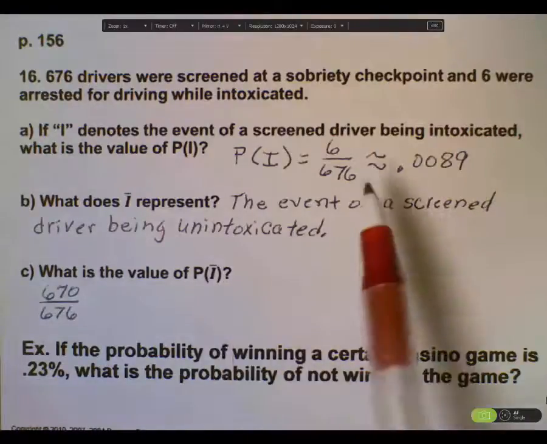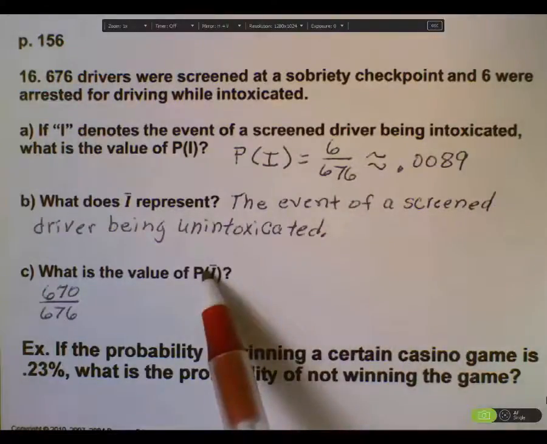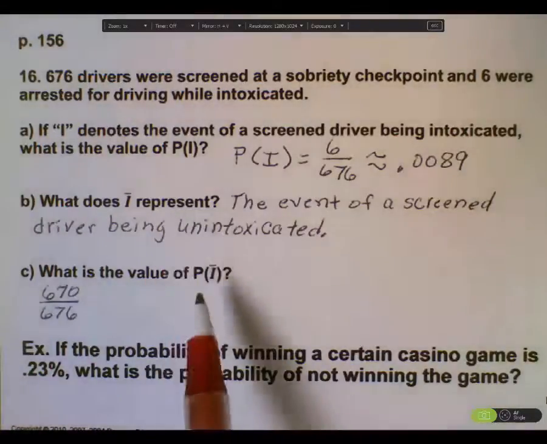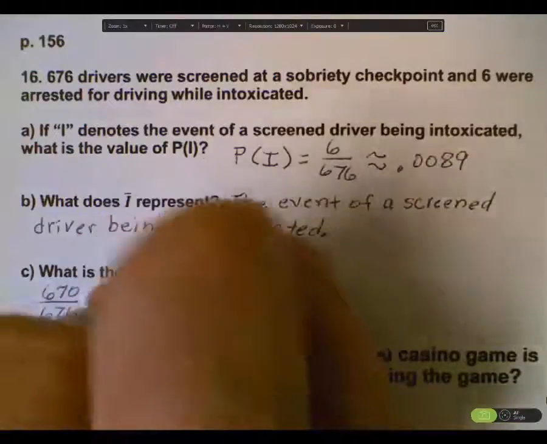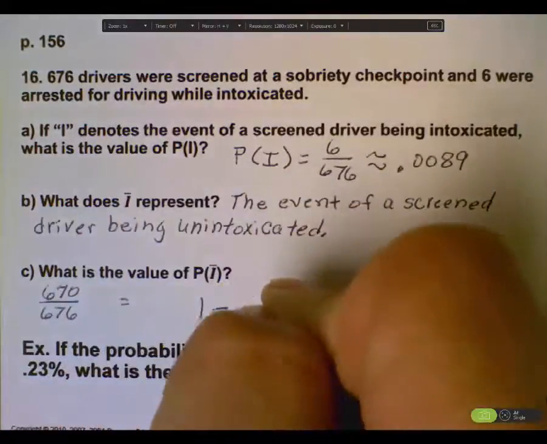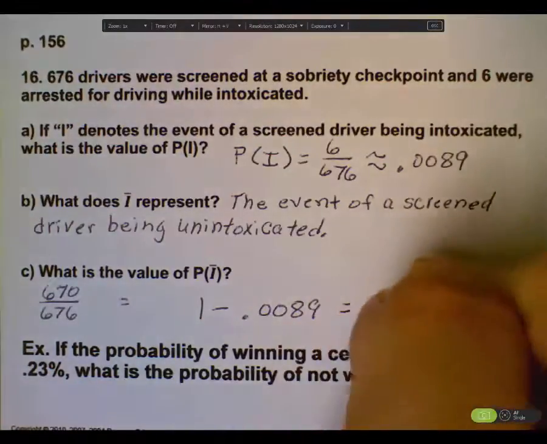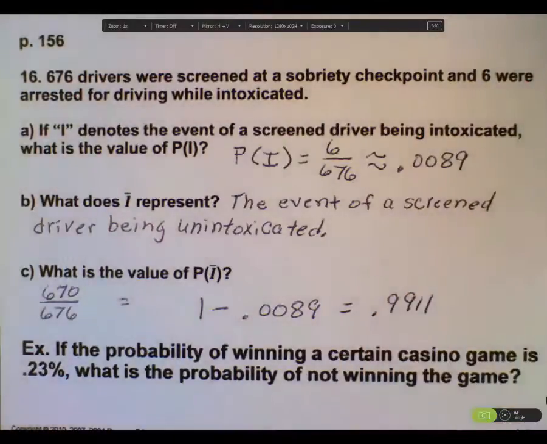Remember that the probability of any event and its complement together, they have to equal 1. So if you know the probability of intoxicated, you can find the probability of not intoxicated by subtracting the 0.0089 that we already have from 1, and you get 0.9911.